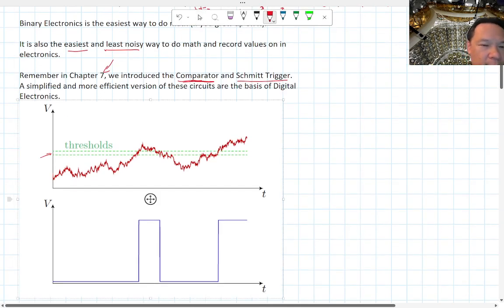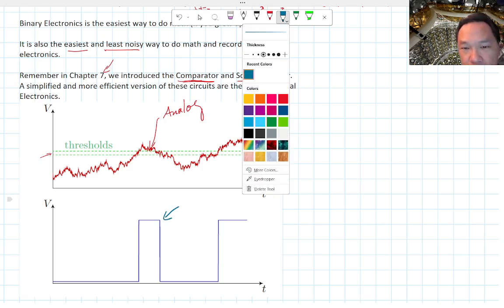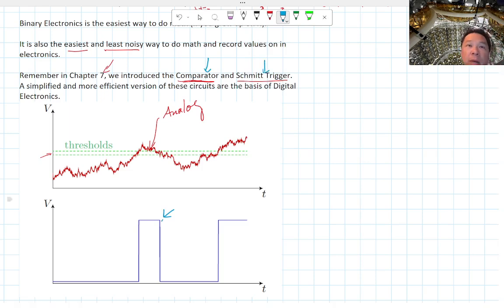This red is an analog signal, while here in blue is the output of the comparator or the Schmitt trigger, which is actually the binary version of it, because you have some voltage representing 0 and some voltage representing 1 or true. In this case, this is probably going to be 5 volts.